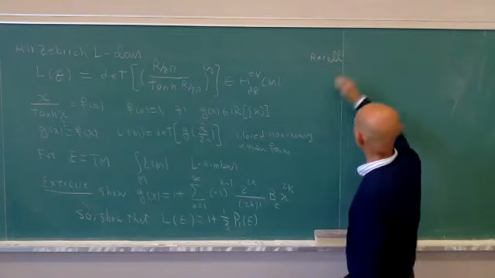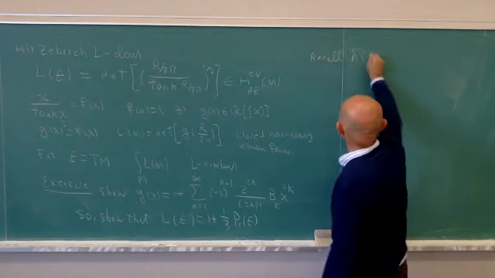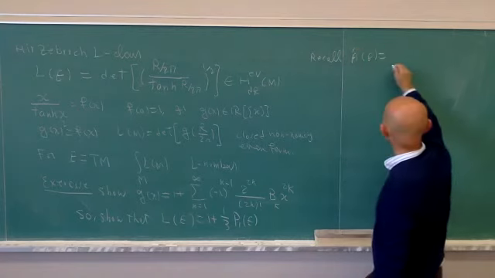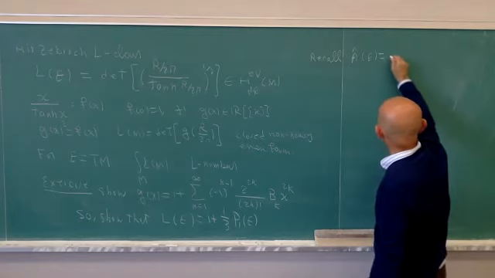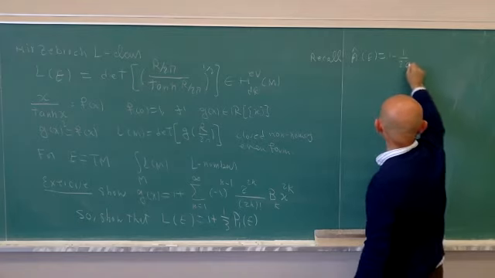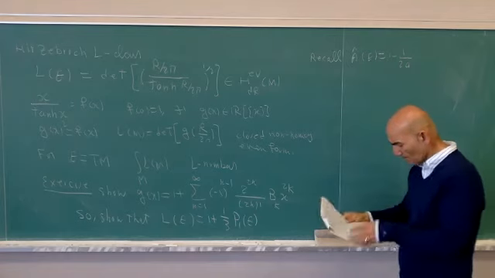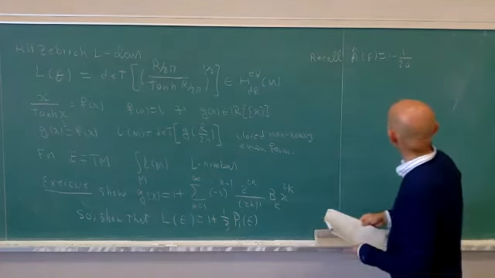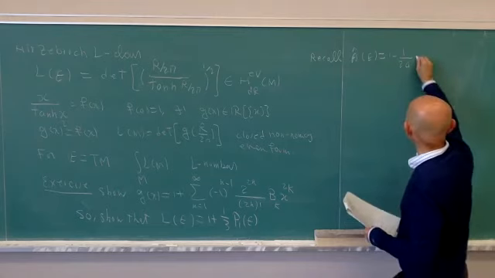You were supposed to show that A hat of E is equal to 1 minus 1 over 24, remember, 1 over 24 P1 of E, I suppose? Yeah.